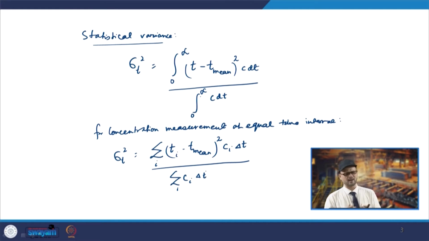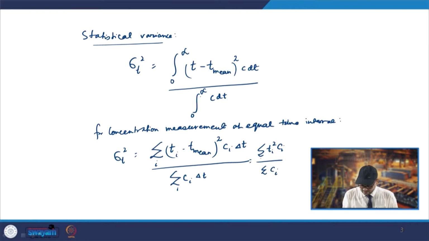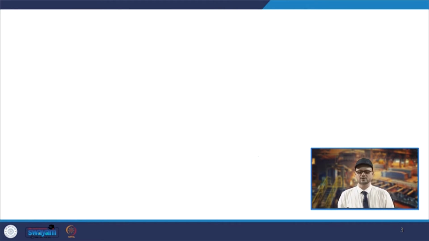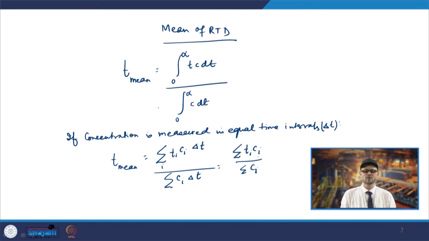As delta t is equal, it cancels. So it will be the summation of (Ti minus T mean) squared Ci over the summation of Ci.